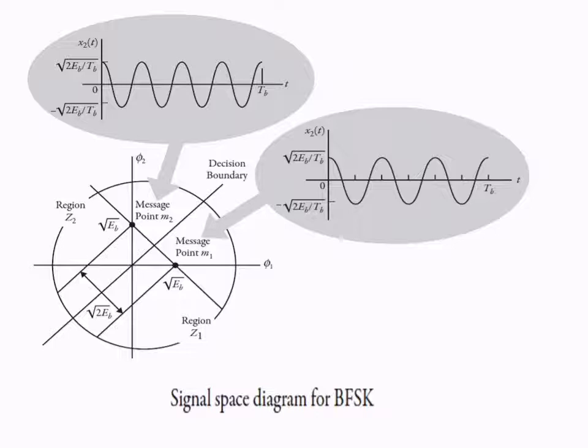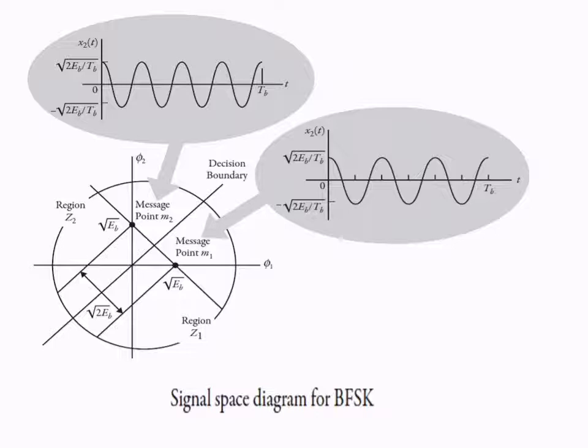Now the next step is to join the message points, shown as message point M1 and message point M2, which have the value of root of EB. The other two points are at 0, that's why we don't need to connect them, right? So we connect message point M1 and message point M2. Join these two points and draw a perpendicular bisector to get the decision boundary.